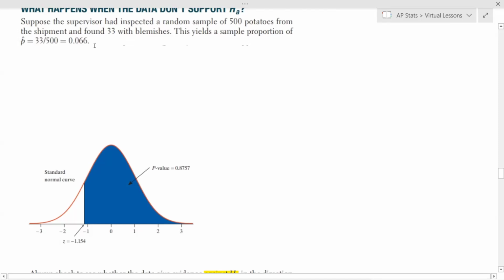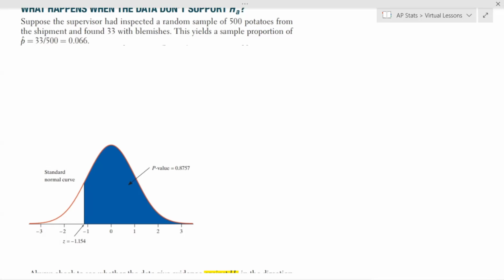So 0.08 was the null. So it's below the mean of the standard normal curve. And since we were doing a one-tailed, right-tailed test, the p-value would be to the right of that, which is 0.8757. And remember, the p-value is the probability of getting a z-statistic that large or larger in the direction specified by the alternative. Okay, so as a result, we'd fail to reject the null.